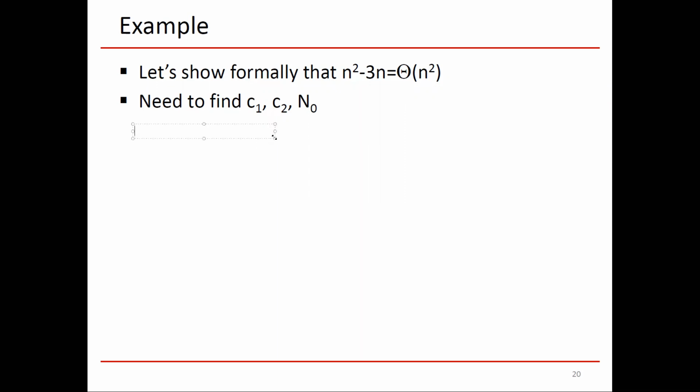We need to find constants C1, C2, and N0 such that we'll be able to show that C1 times g of n is less than or equal to f of n is less than or equal to C2 times g of n. Okay, so now that we understand what we need to show, let's substitute. So specifically, we want to show that C1 times, well, g of n is n squared, is less than or equal to f of n, which is n squared minus 3n.